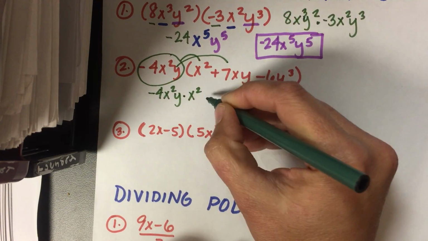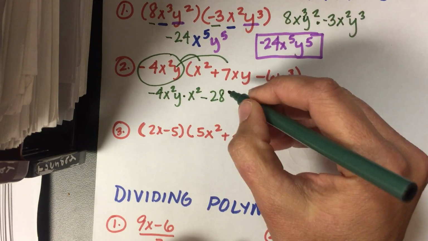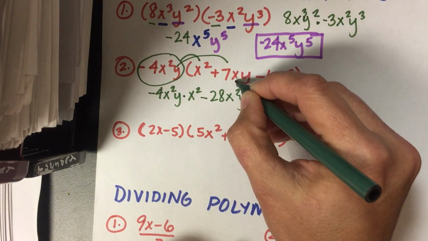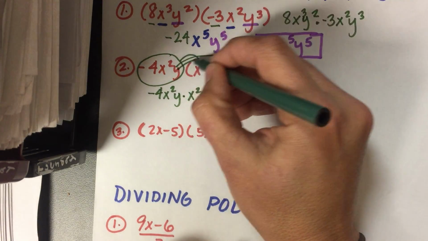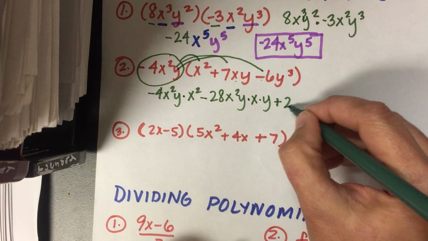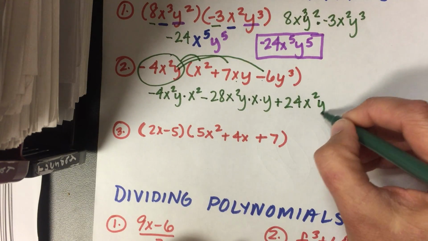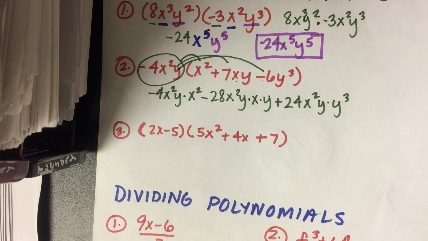Then I have negative 4 times positive 7, which is negative 28 x squared y times xy. Again, I'm just writing these all out for you right now to help. And then I've got a negative times a negative, which will be a positive 24 x squared y times y cubed. All I've done is write out my distribution.